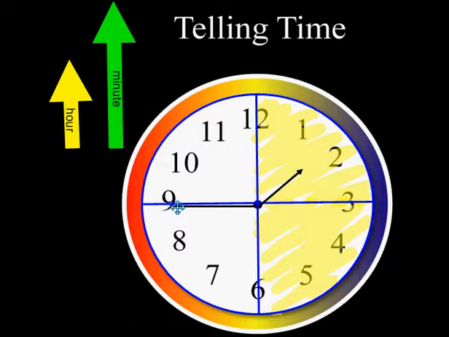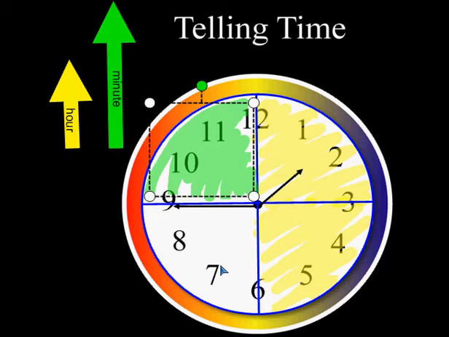We can also say that it is 15 minutes until the next hour, which is 2:00, because in 15 minutes this hand will be on the 2 and in 15 minutes this hand will be on the 12. It's 1:45 when it's 1:45.